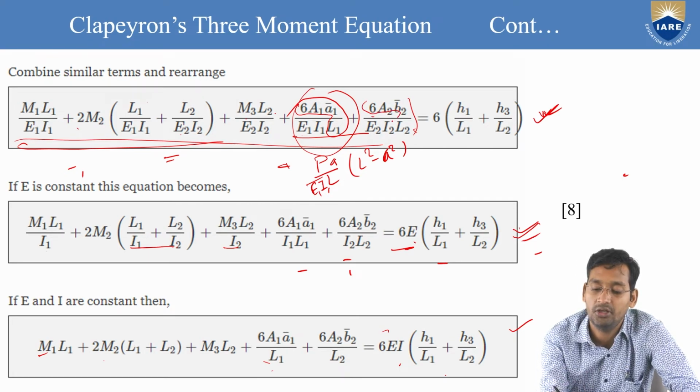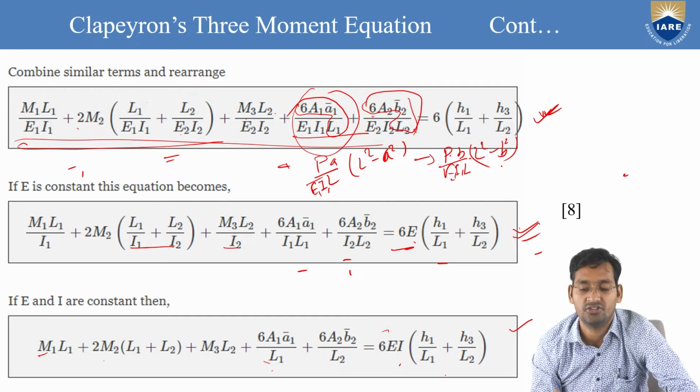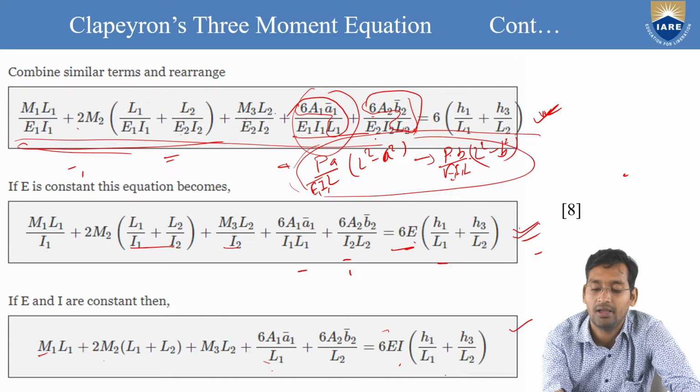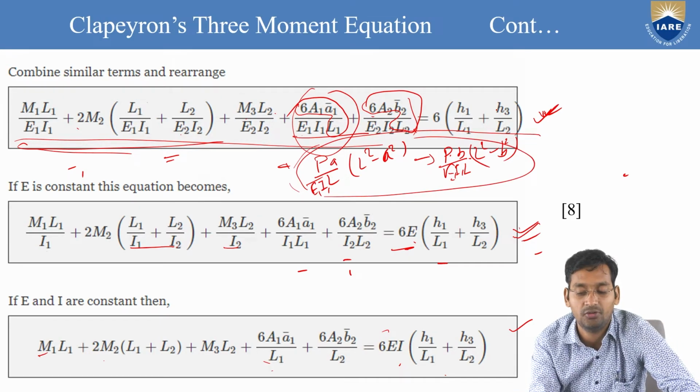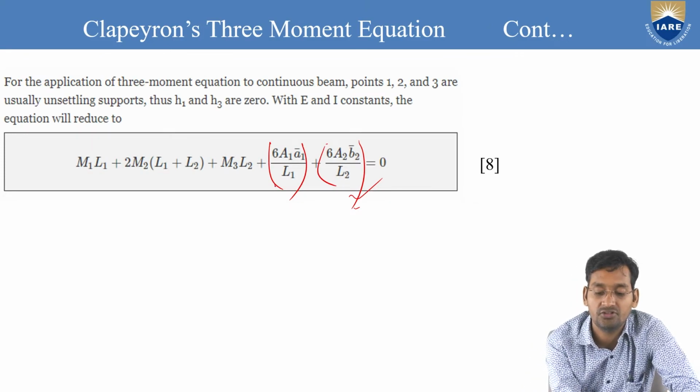Similarly, for 6A2 B2, you can replace with PB by E1 I1 L into L square minus B square. This will be the equation in terms of the given. So now this term plus this term will get added, that is equal to 6H1 by L1 plus H3 by L2. Or if that condition, then we just have to replace this one.